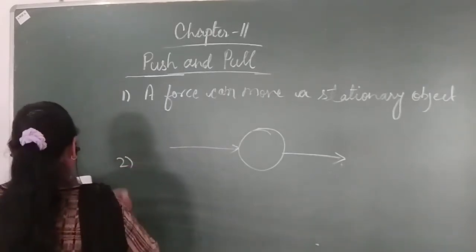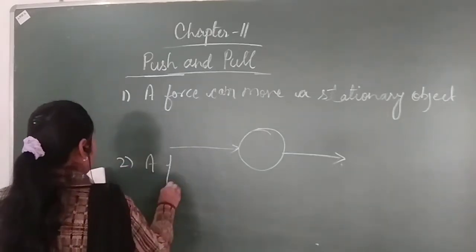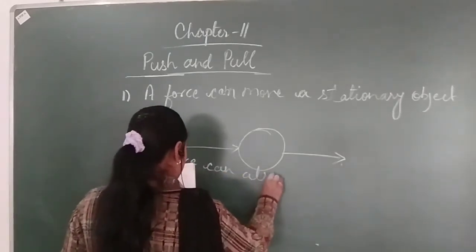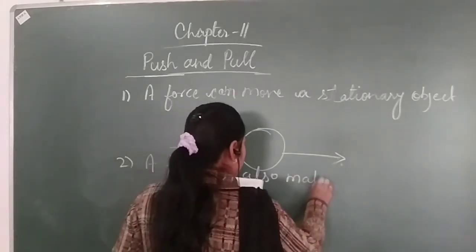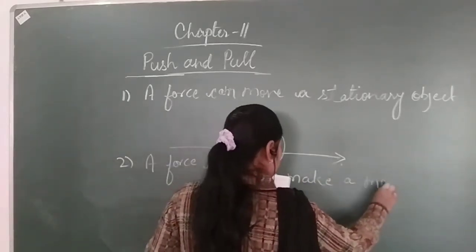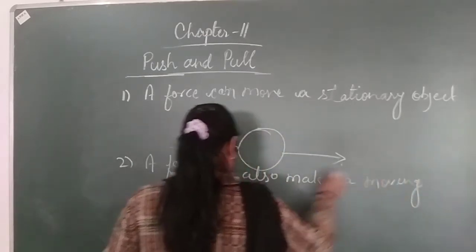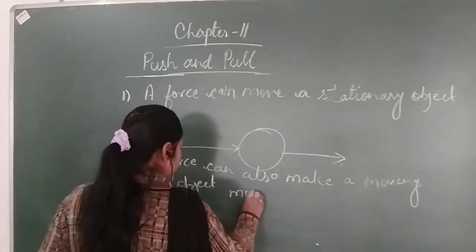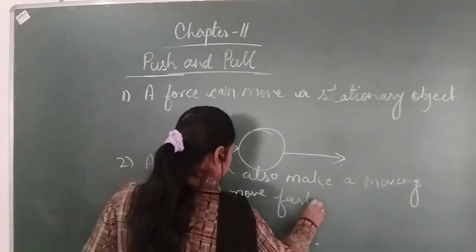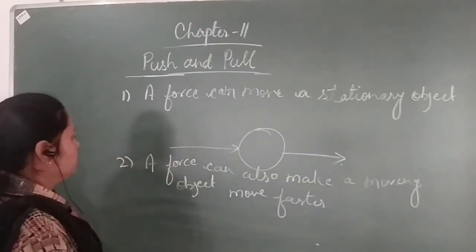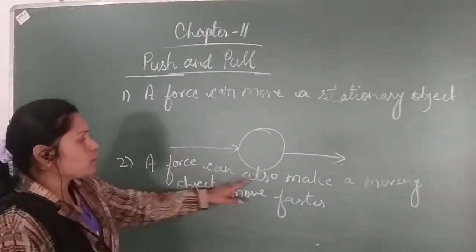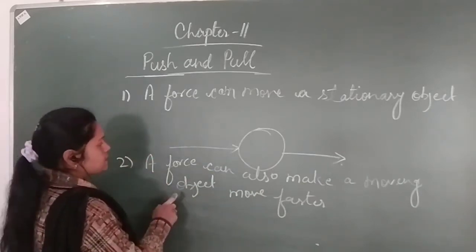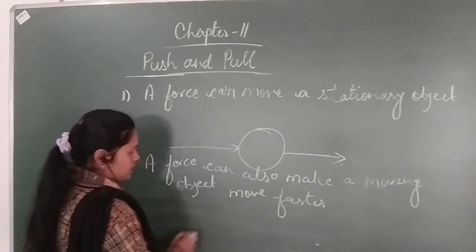Now, the second effect, a force can also make a moving object move faster. Second effect is, a force can also make a moving object move faster. So we can understand this effect by an example.